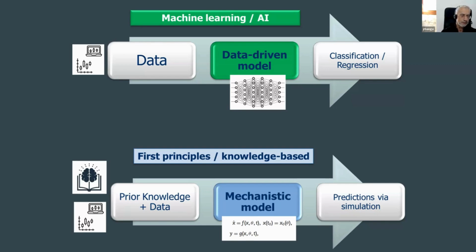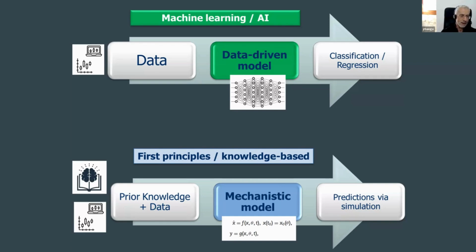So basically, in these data-driven approaches, we just need the data, and then we have some data-driven model methods, and we can perform different tasks like classification, regression, and so on.